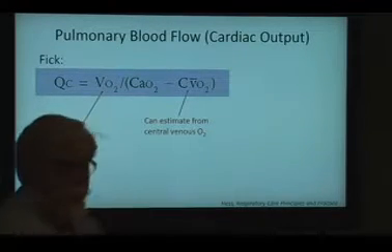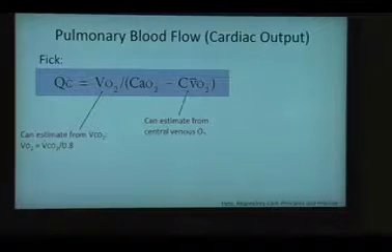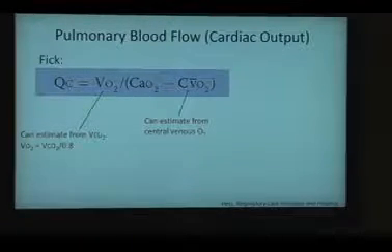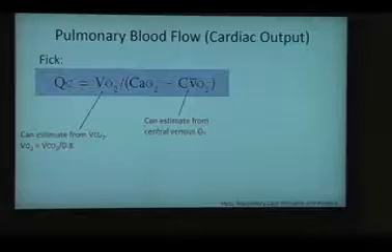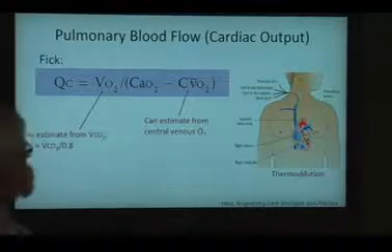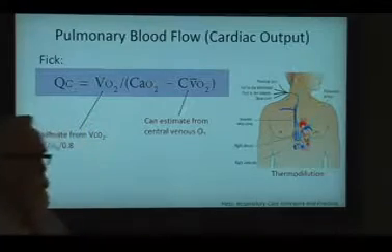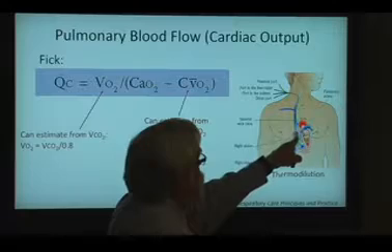So then we have all of the tools that we need to measure cardiac output, pulmonary blood flow from the Fick equation by some workarounds and making some assumptions, which is less than perfect, but probably good enough for everyday clinical use. And this, again, shows the position of the pulmonary artery catheter.